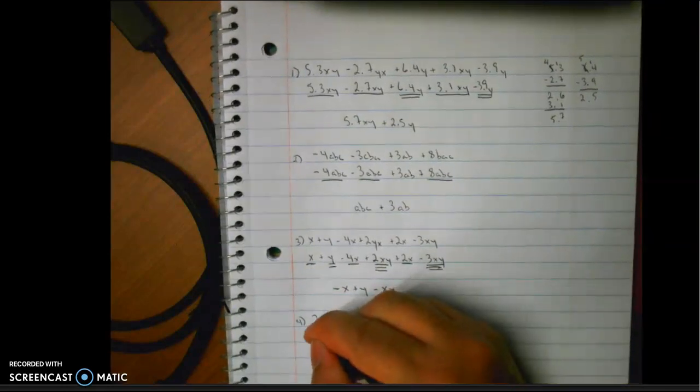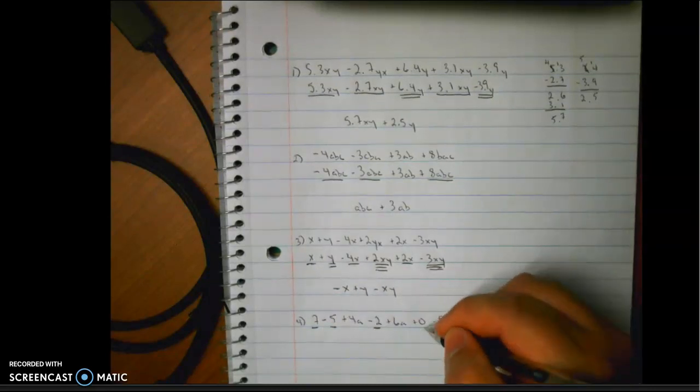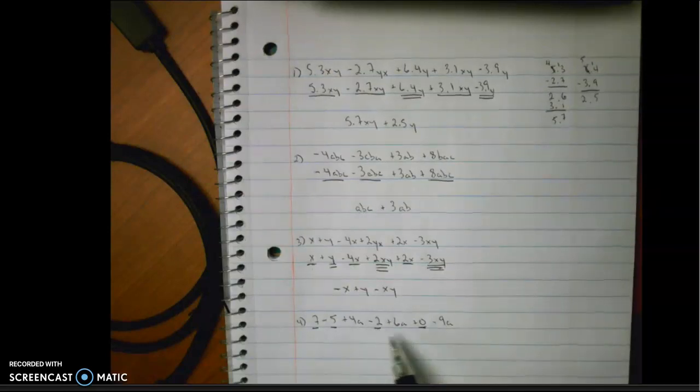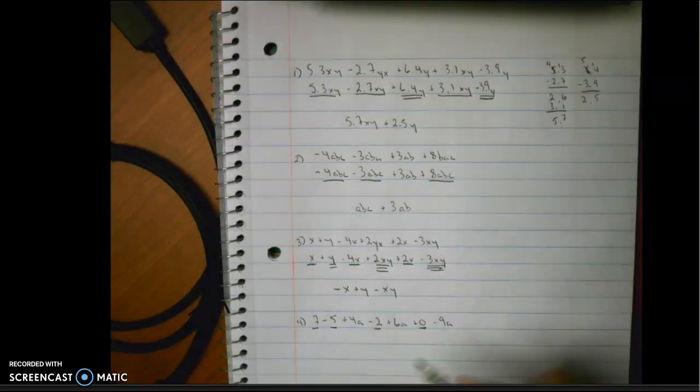I've got a 7, I've got a 5, I've got a 2, and a 0. So 7 minus 5 is 2. 2 minus 2 is 0. And 0 plus 0 is still 0. So I could put down a 0, but I don't need to because it's 0.